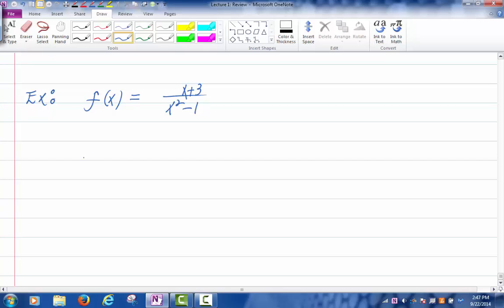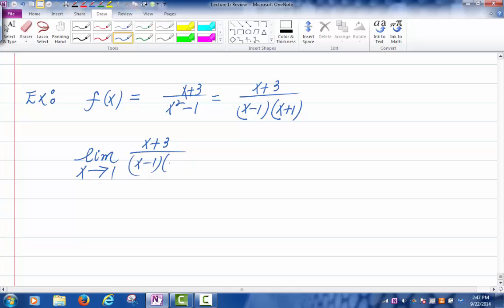So this is equal to x plus 3 over x minus 1 times x plus 1. Notice that if I take the limit as x goes to 1 of this quantity, it would be plus or minus infinity. I don't care whether it's plus or minus; I don't have to be that specific here.